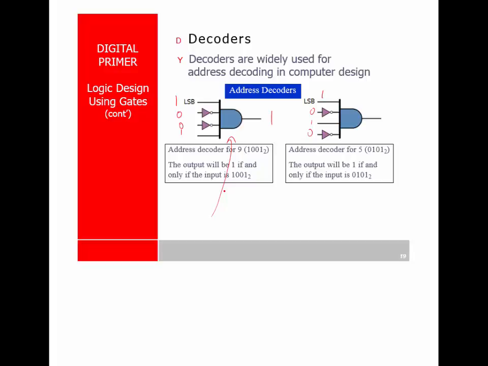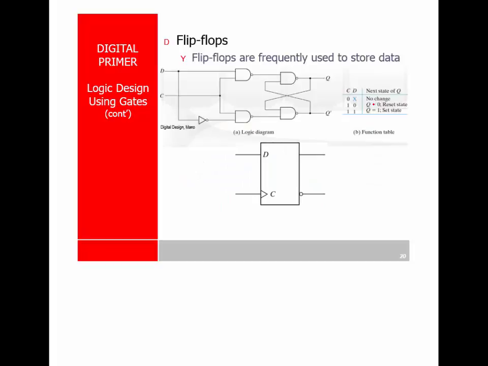Again, I mentioned the 3 to 8 decoder a few minutes ago, where we have 3 inputs. Now these here, if they were actual address decoders, they would have a bubble here, because it's pretty much universal with address decoding that you have an active low.